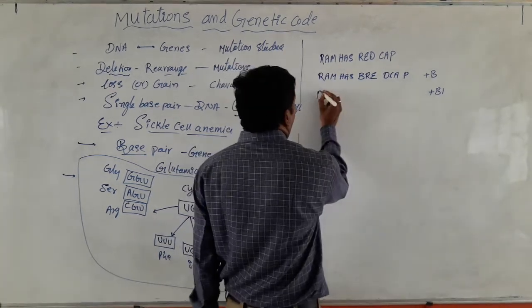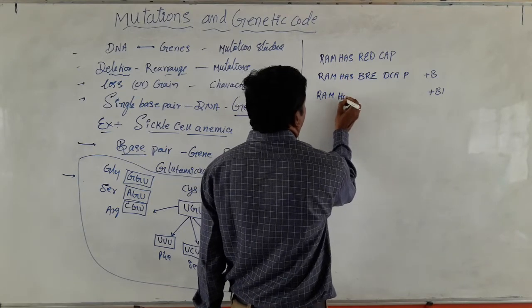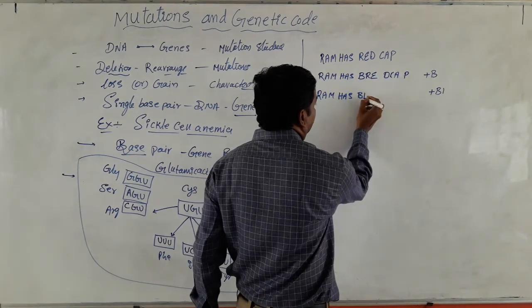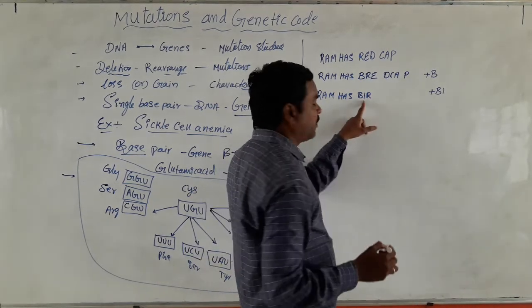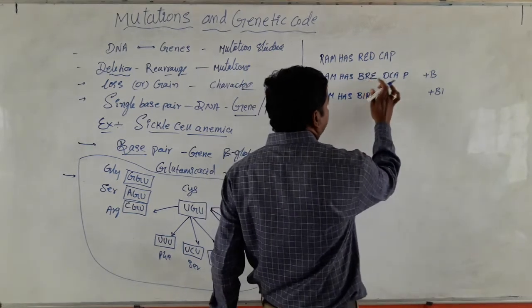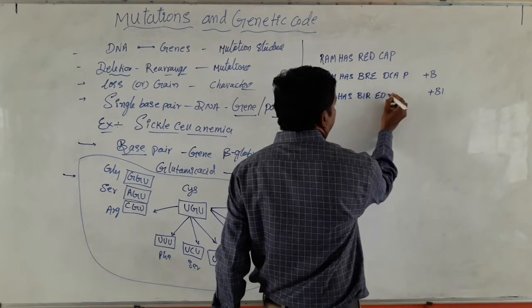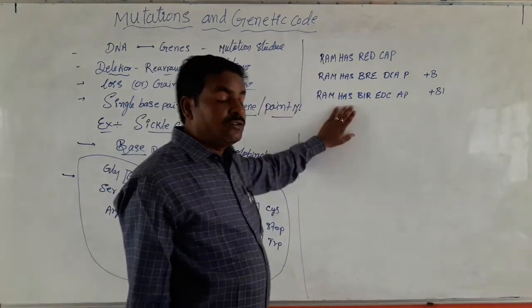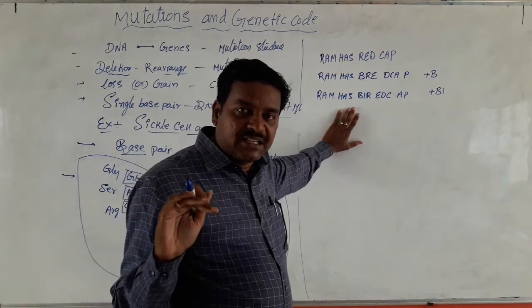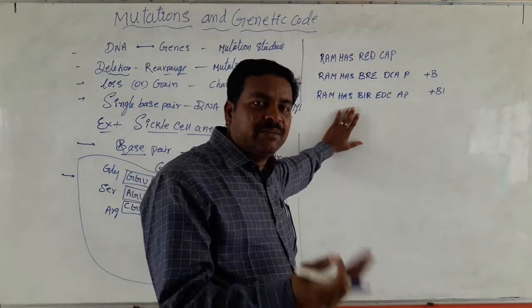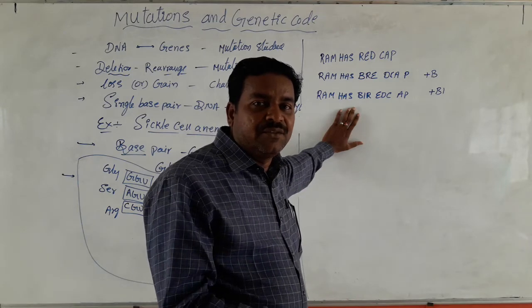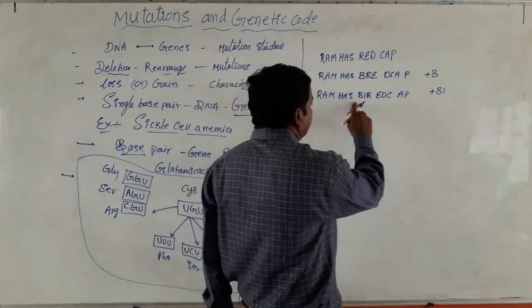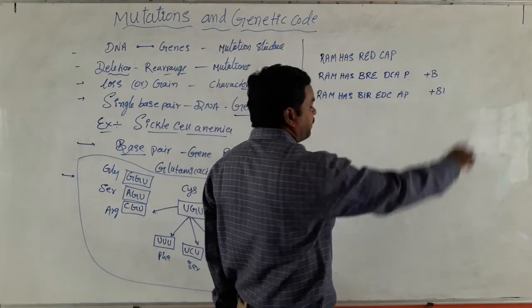Ram has, BIR, EDC, AP. Here also the reading frame will be rearranged from where the two letters are inserted onwards.